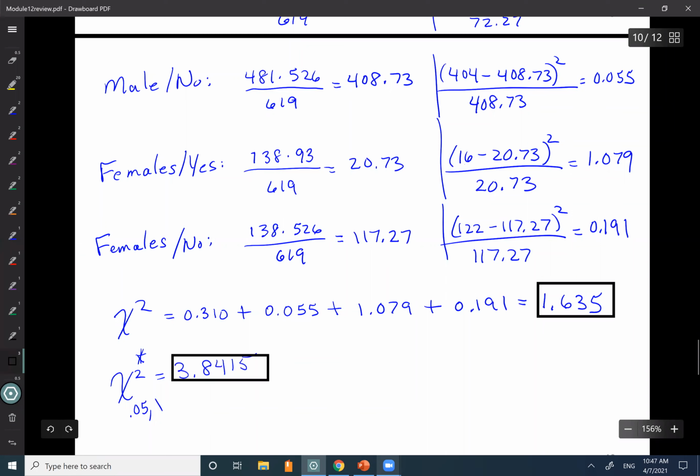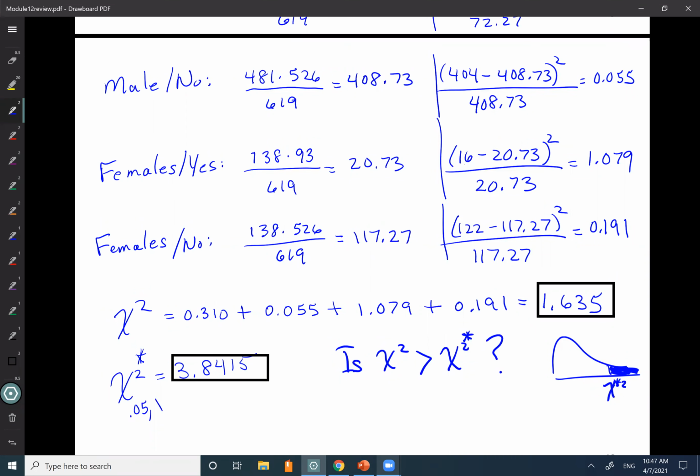And what you want to do is, okay, is the chi-square observed value greater than the critical value, question mark? Because if it is, it's going to be in that rejection region. Remember, this here is where the chi table value is, the chi-square critical value.